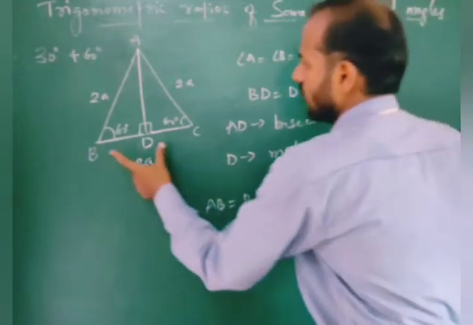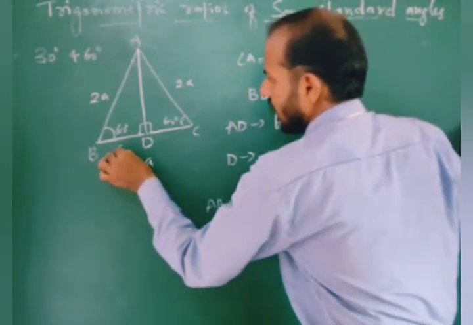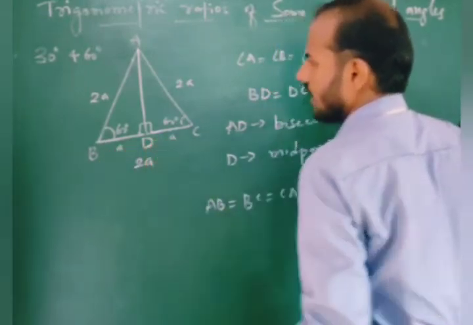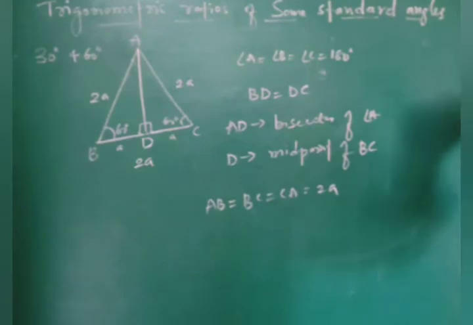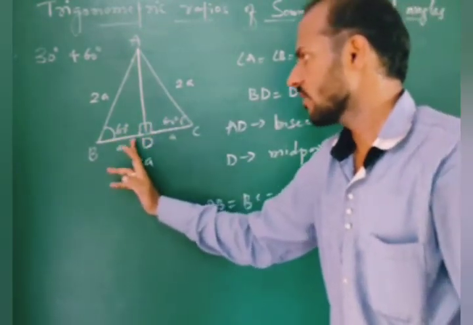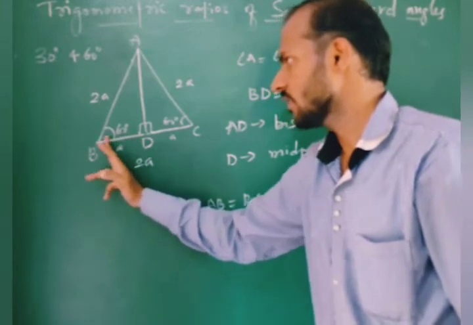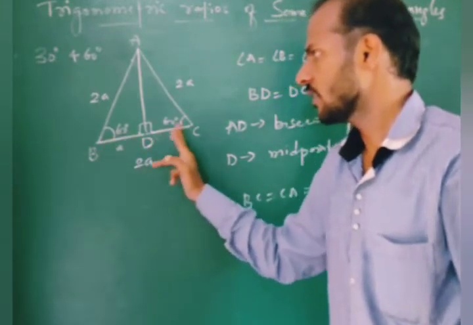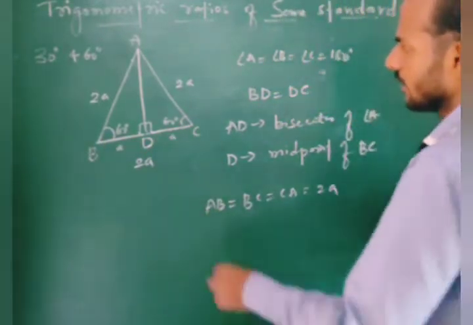After dividing, what we get here? This is angle A, it is also side A, both are A only. This much is 2A. If I divide, then what we get? This much is A and this much is A. Now, this is 90 degree.